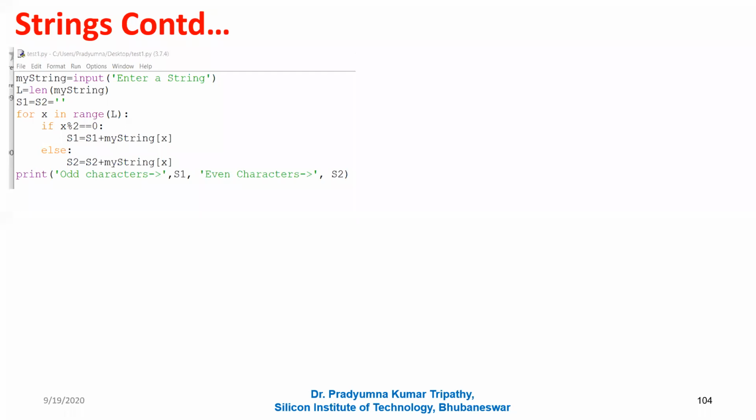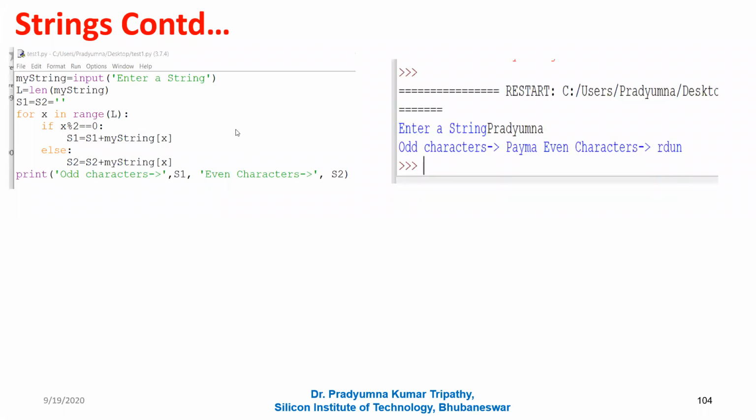So what will it do? What will be the output of this? Sir, in the string S1, the odd index characters will be placed, and in the string S2, the even index characters will be placed. Correct, but this is the reverse one. First one S1 all even and second one all odd characters, right? Yes sir, I have written it the reverse way actually.